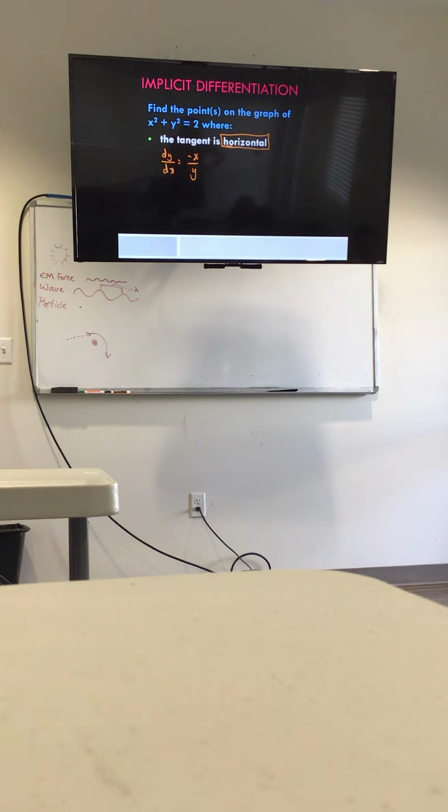What do we know about the slopes of horizontal lines that are going straight across from left to right? They have a slope of 0. That means the derivative, this derivative formula of negative x over y has to equal 0.